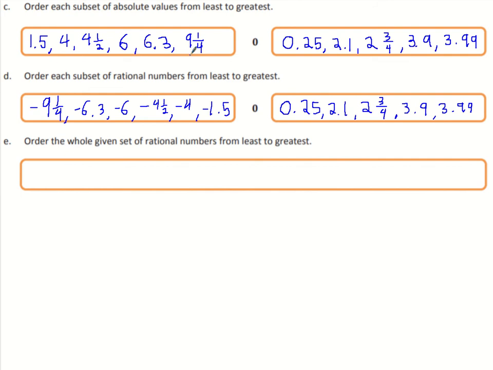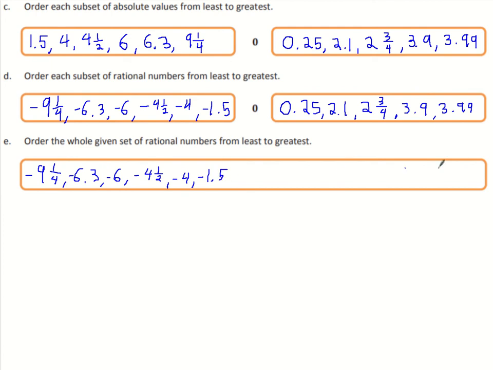Lastly, for E, it says, okay, now order the entire given set of rational numbers from least to greatest. And here's the good news. We've already done that. We just need to take what we've done in this line and place it down on this line all together as one set. So, negative 9 and 1/4, negative 6.3, negative 6, negative 4 and 1/2, negative 4, negative 1.5.